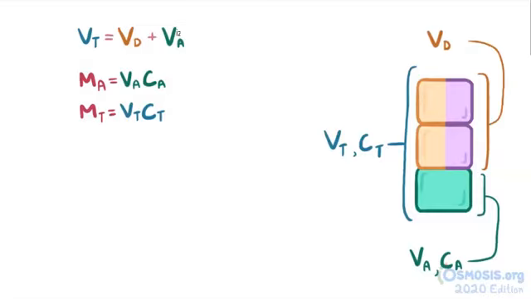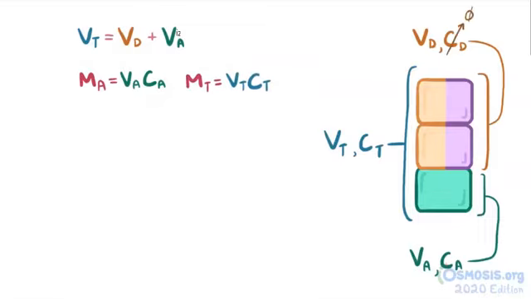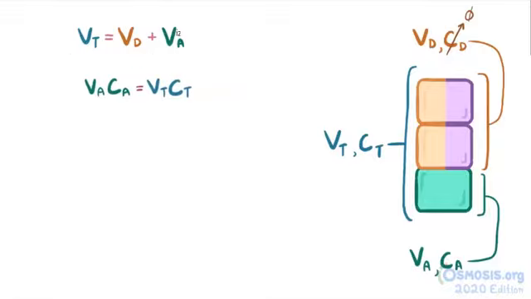We could add in the concentration Cd of the dead space, but remember that it's equal to 0. So really the total amount in the tidal volume is the same as the amount in the alveoli. So we have Ma is equal to Mt, or concentration of alveoli times volume of alveoli is equal to the concentration in the tidal volume times the tidal volume. With a little rearranging, we have Va equals Ct over Ca all times Vt.